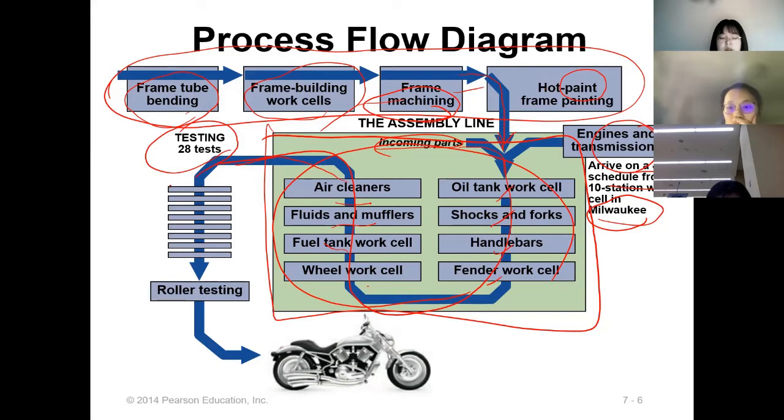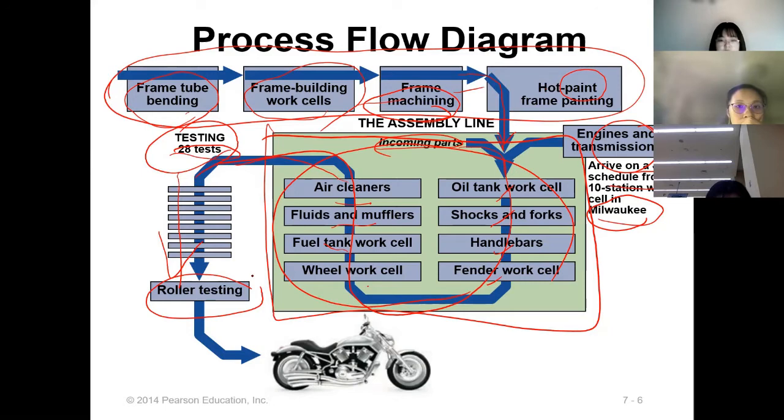They have the final testing, 28 tests. So they go through roller testing, okay, dynamic roller. That means the motorcycle stays there, but there's a roller, so it will simulate the speed, and you complete the motorcycle. So this is the process flow.